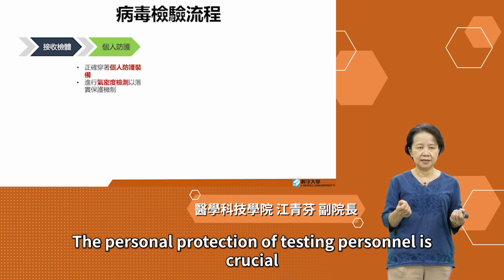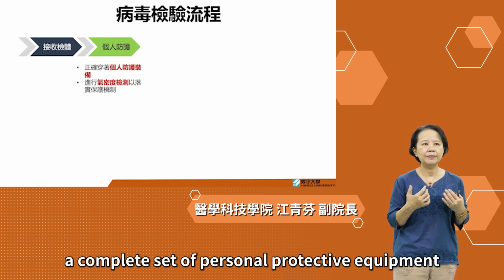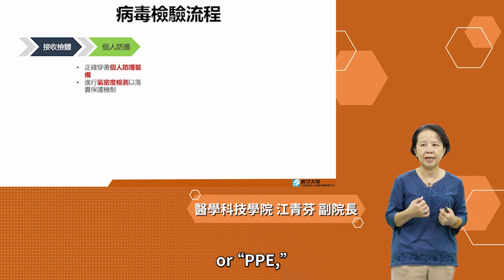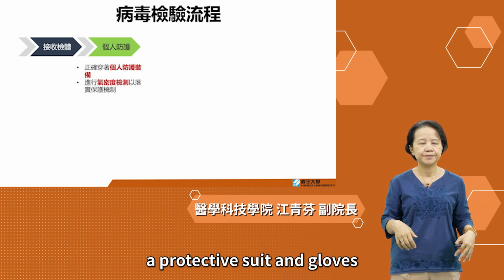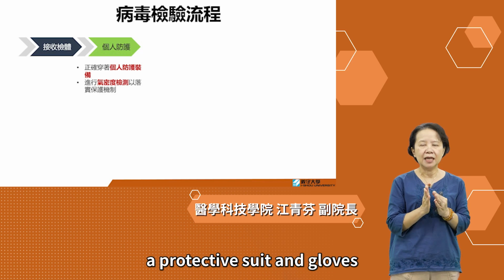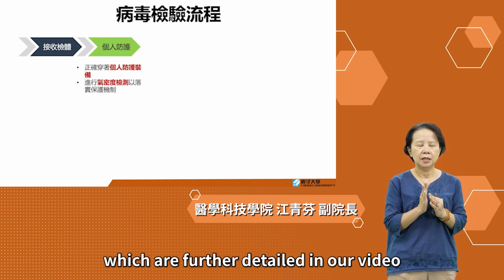The personal protection of testing personnel is crucial. Testing personnel are required to wear a complete set of personal protective equipment, or PPE, which must include a mask, a protective suit, and gloves. Each step has its own SOP, which are further detailed in our video.